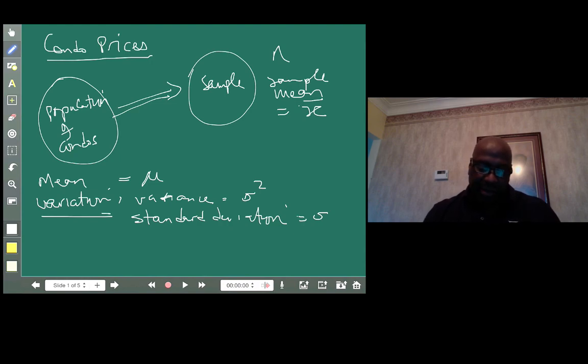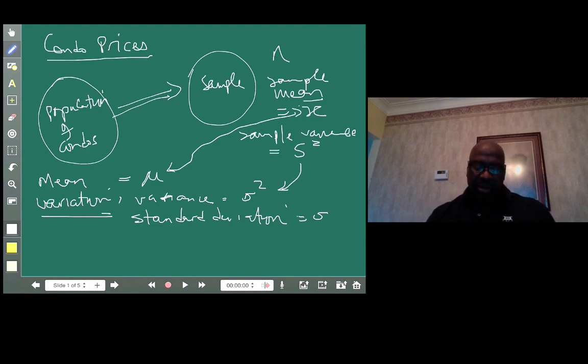And then we have a sample variance, which is given by S squared. So therefore sample standard deviation would be S. All right? So you can see the relationship between S squared and sigma squared, or the relationship between mu and x bar. All right? So those are the relatives.